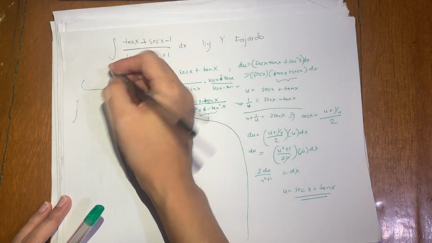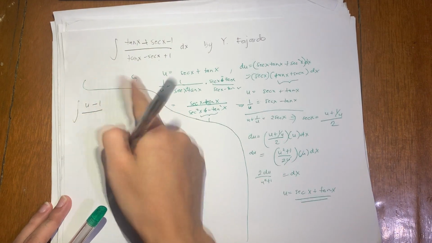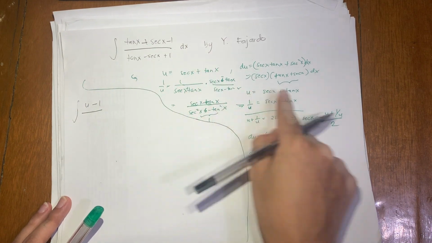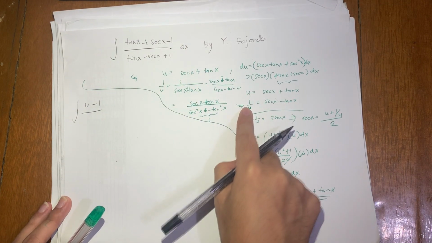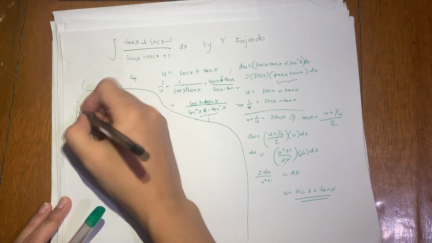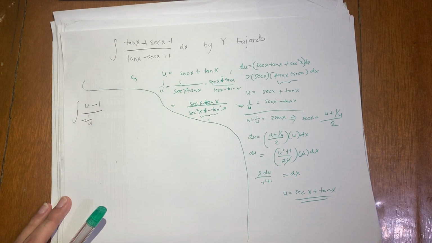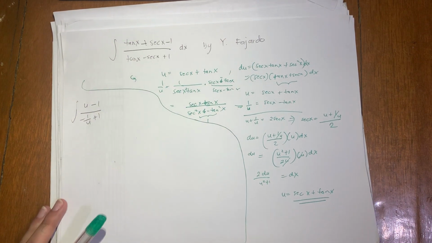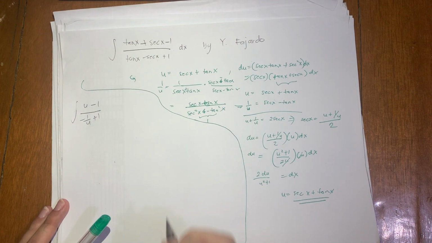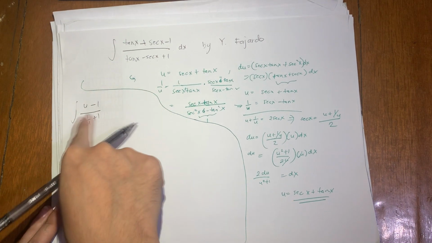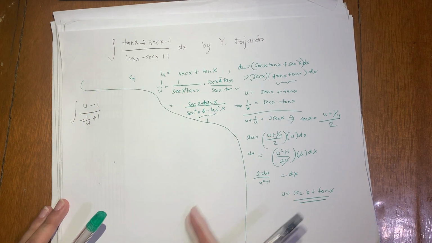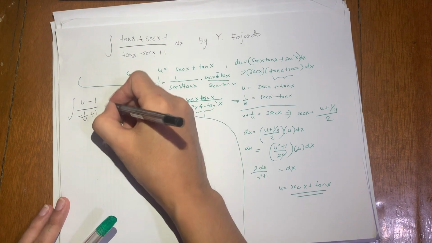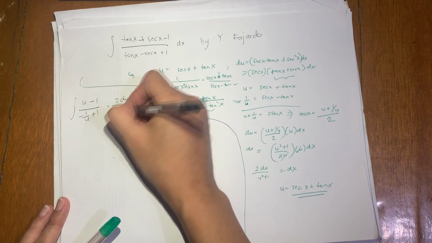So the numerator becomes u minus 1. Then tangent x minus secant x is just, as I said a while ago, 1 over u, except that the sign is flipped. So this is negative 1 over u, and this is plus 1. And then the differential element is 2 du over u squared plus 1.